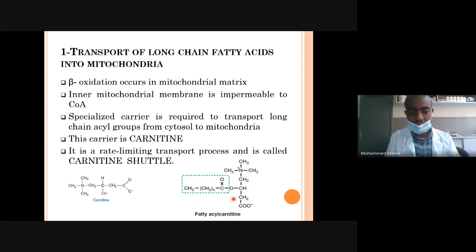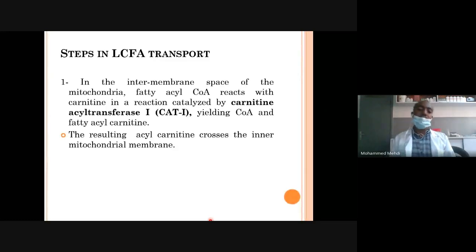Fatty acyl carnitine is formed. Carnitine looks like this. It has this kind of structure. It will be added to the fatty acid to form fatty acyl carnitine. This will be transported into mitochondria to have beta oxidation. First, by carnitine acyl transferase 1, this is the enzyme, coenzyme A will be taken off and carnitine added to the acyl group. So we have fatty acyl carnitine formation by this enzyme.